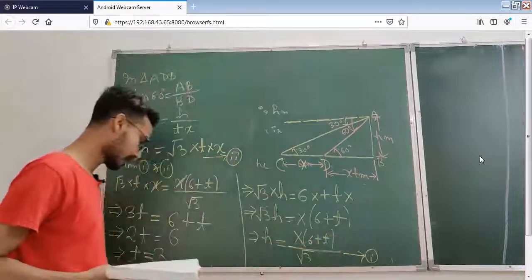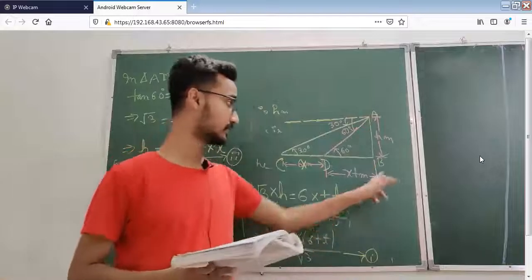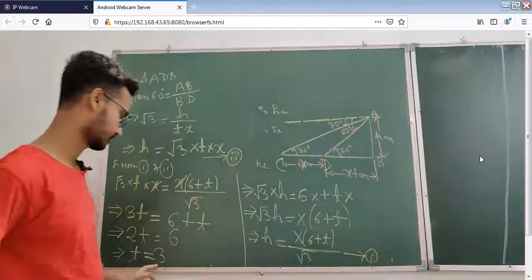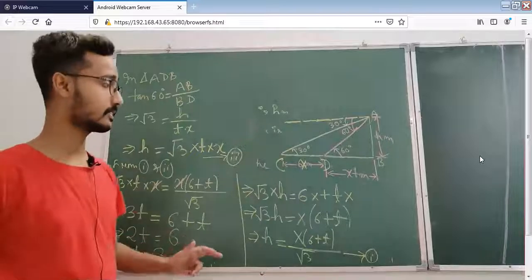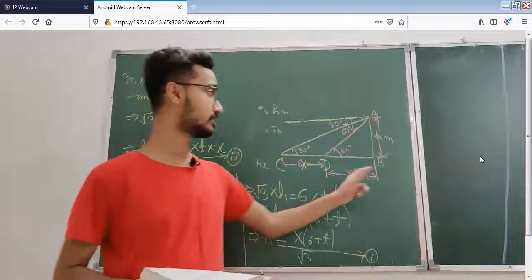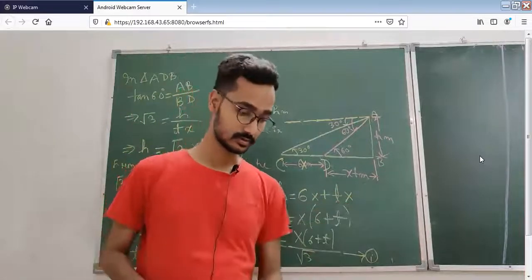Hence the required time taken by the car to reach the foot of the tower is 3 seconds. We have already found that the value of t is 3 seconds. Okay. So this is clear.